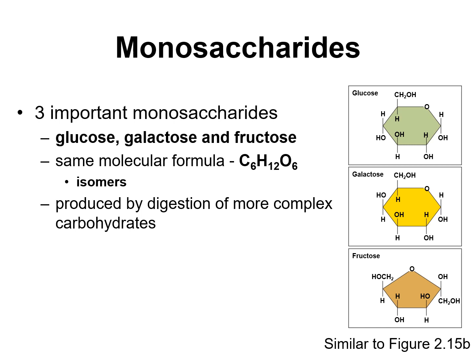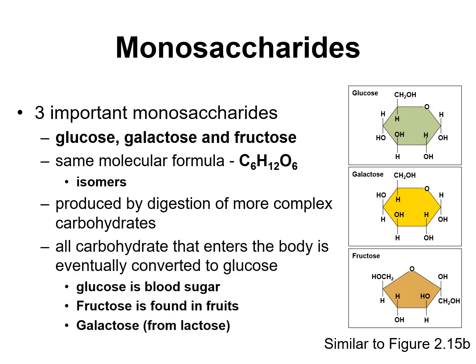These monosaccharides are typically produced by digesting more complex saccharides, which I'll share with you shortly. All carbohydrates that enter the body are eventually converted to glucose. Glucose is blood sugar and one of our monosaccharides. Fructose is a sugar that is found in fruits. That is what gives fruit a sweet taste.